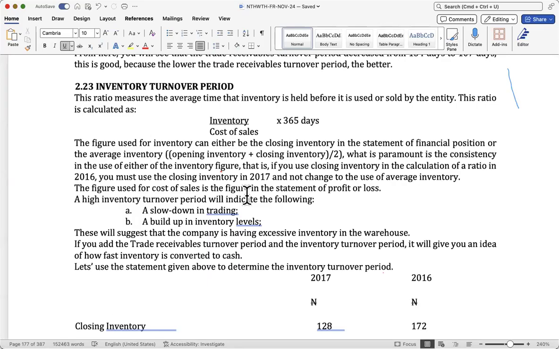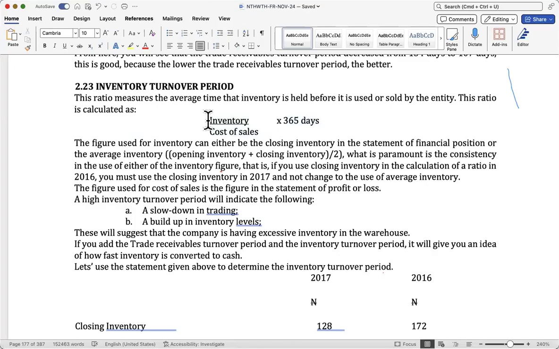How long an entity holds its inventory before it sells it to its customers. That's inventory turnover period. And it is calculated as inventory over your cost of sales multiplied by 365 days. This is your inventory turnover period.